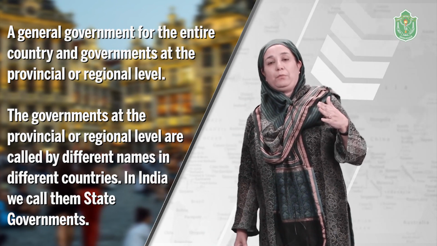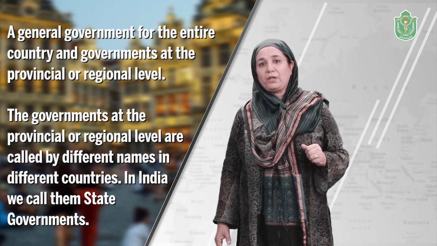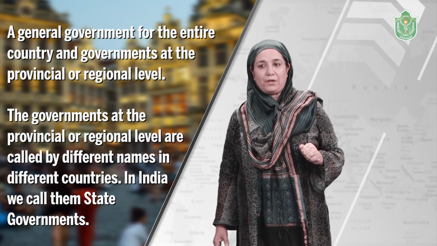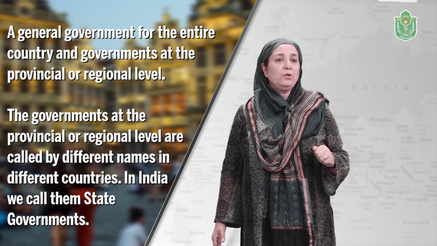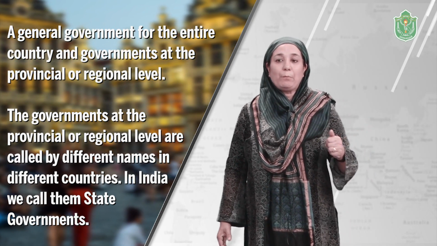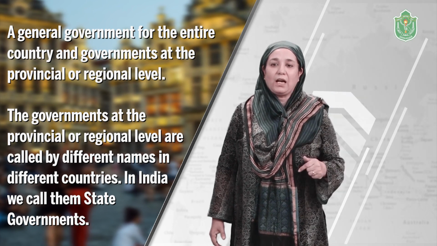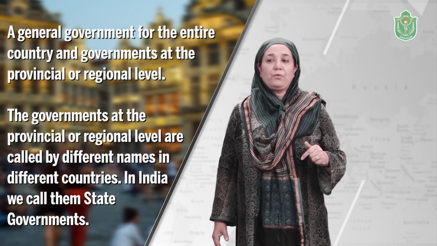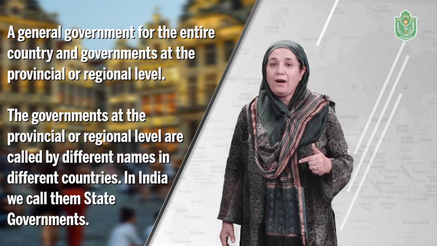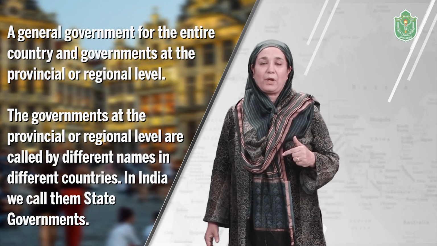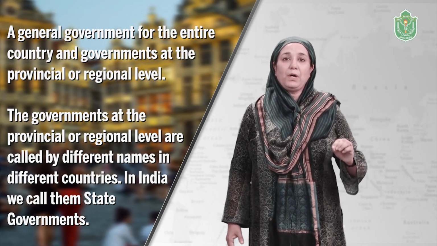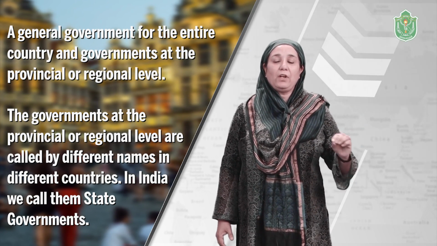In India, children, we call them state governments. Now, this system where you have the state government and the central government is not followed in all countries. There are many countries where there are no provincial or regional governments. But in a country like India, which is so diverse and such a big country, there are different levels of government, and the Constitution lays down the powers of the different levels of government.